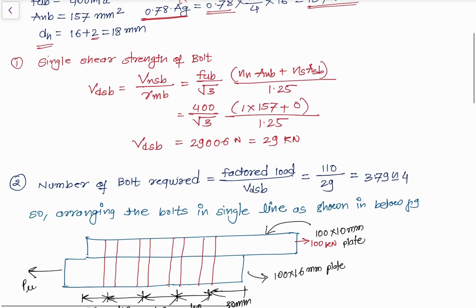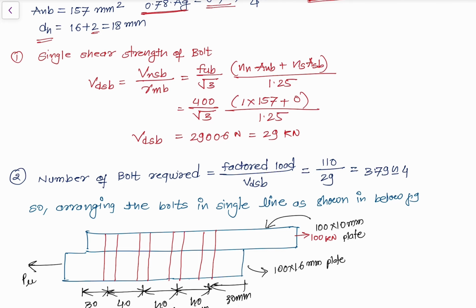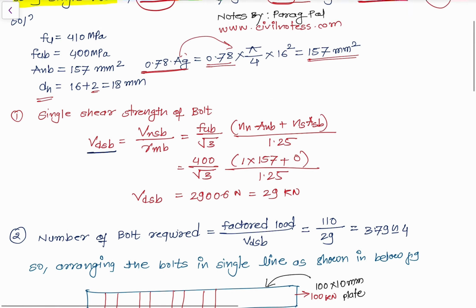The first stage is to calculate VDSB. Now you are aware of the VDSB formula: VNSB upon gamma MB, which is FUB upon root 3 into (NN into ANB plus NS into ASB) divided by 1.25, which is the partial safety factor. Put all the values because we have FUB. Let's understand NN.